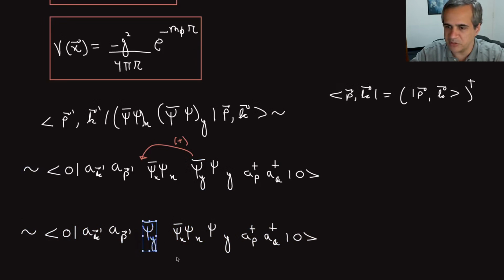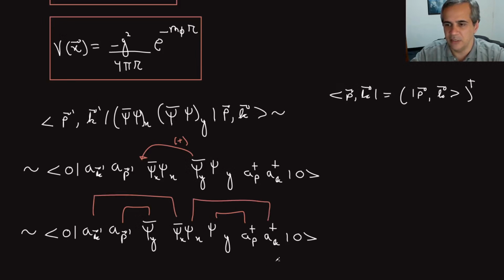And then there's no more signs. I said that P prime and P meet at a point Y, and that's the contraction that does that. And the other 2 meet at point X, and that's the contraction that does that. So the total sign for this diagram is a plus.